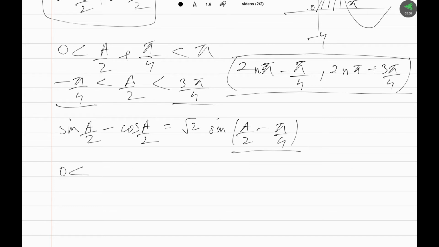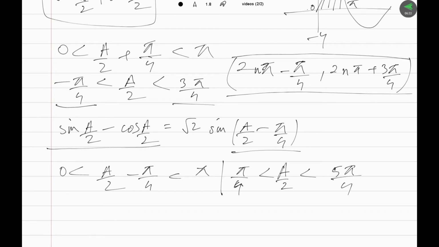So 0 less than A/2 minus pi/4 less than pi. Rearranging this further, adding pi/4, A/2 is less than 5 pi/4. So this whole will be positive in the region pi/4 to 5 pi/4.